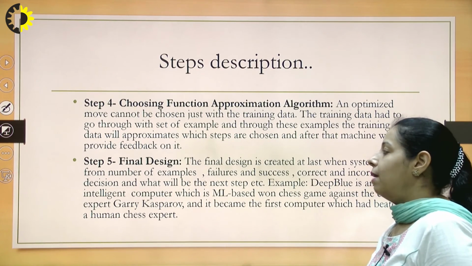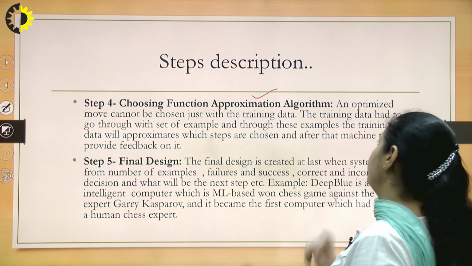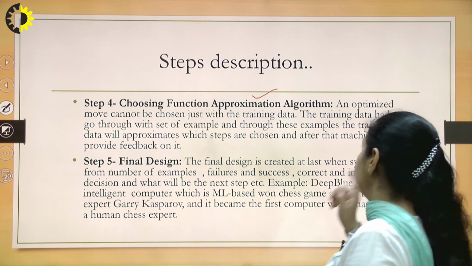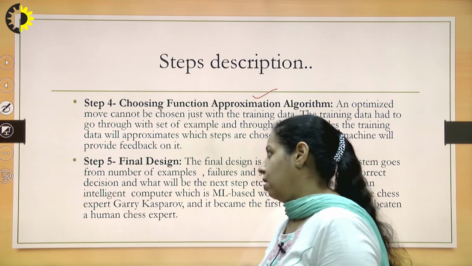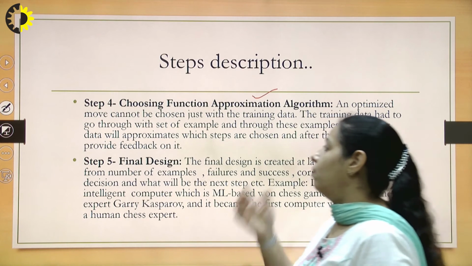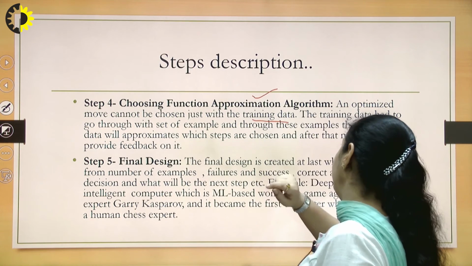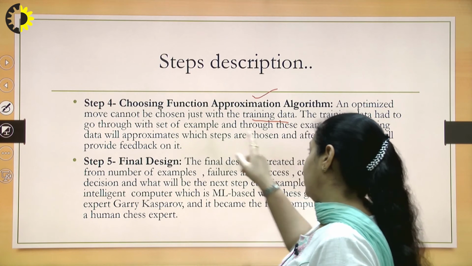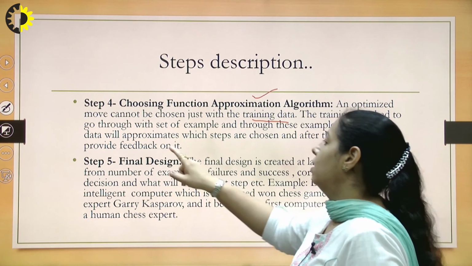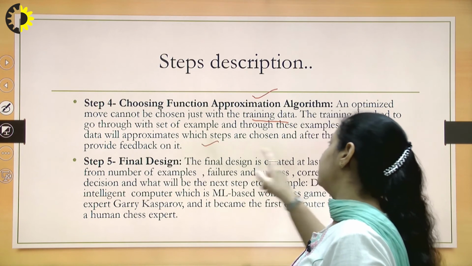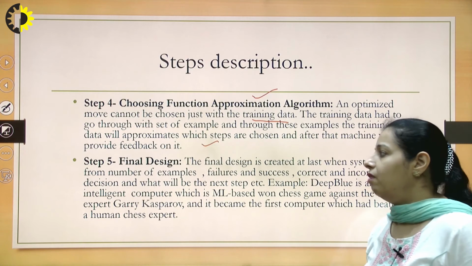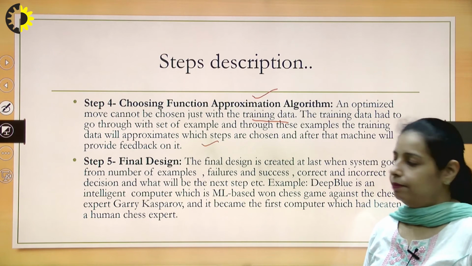Now the fourth step is choosing a function approximation algorithm. As it goes with an optimized step, the choice cannot be made just within the training data. The data has to go through a set of examples, and through these examples the data will approximate which steps are chosen, and after that the machine will provide feedback to it.